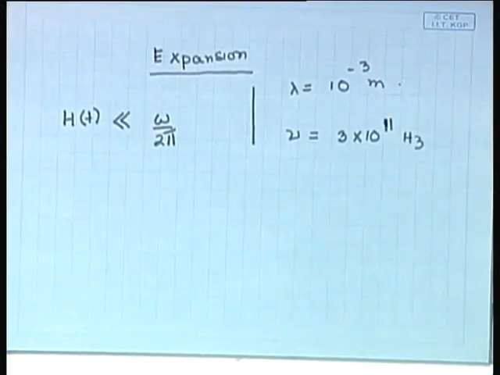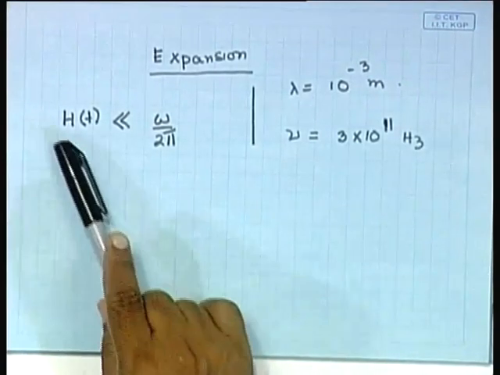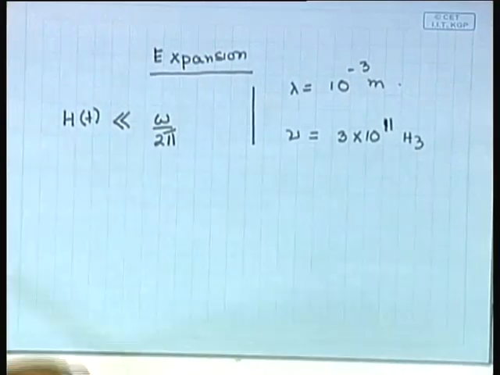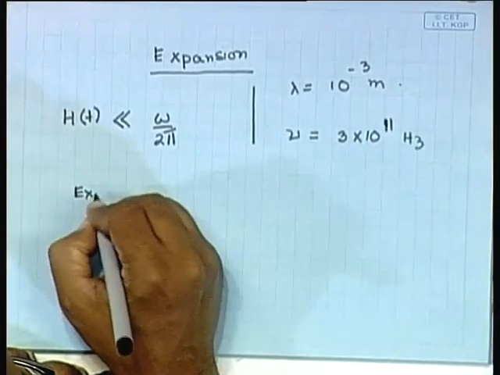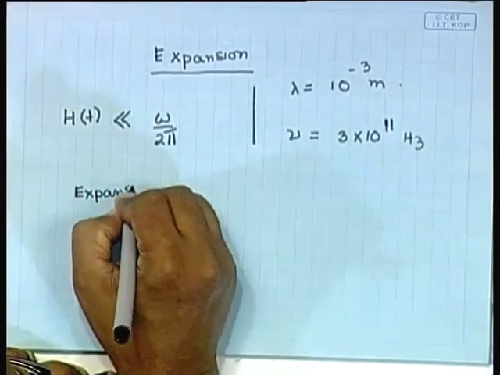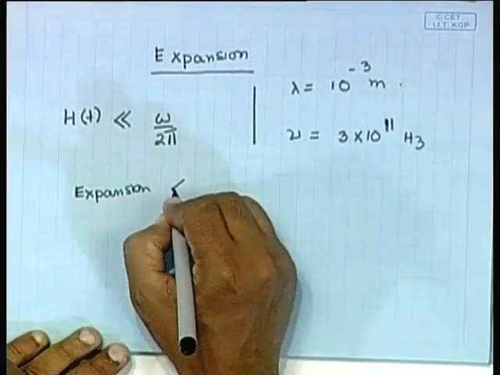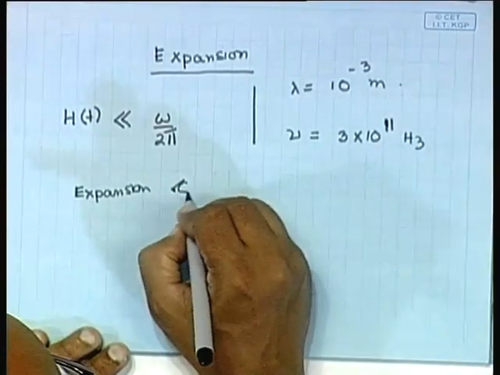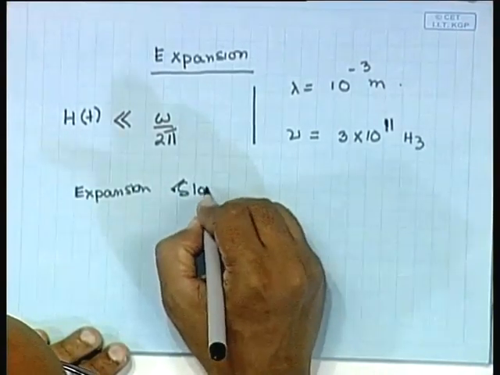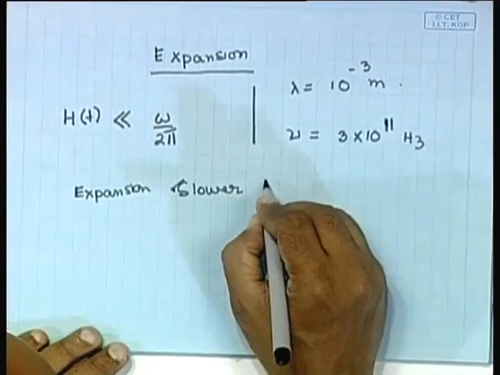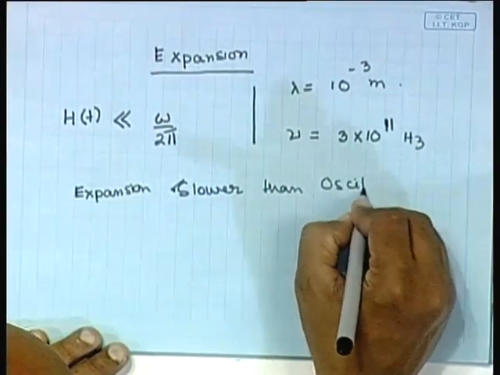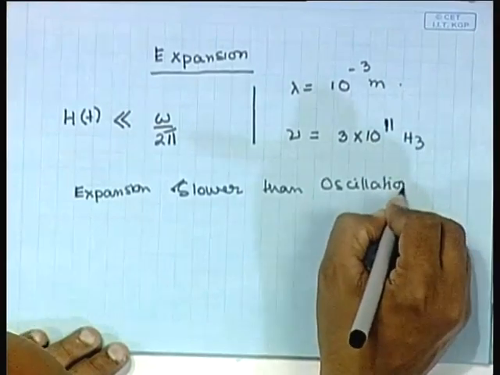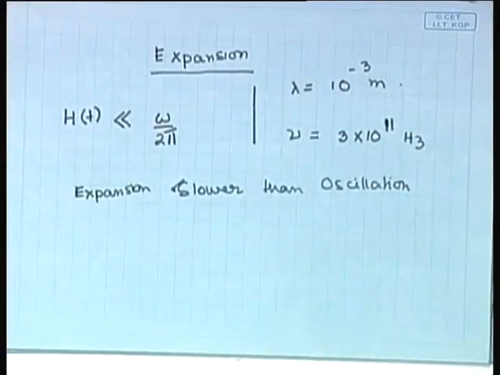Now, if this assumption is correct, we can assume that it is a very slow expansion. So, the expansion is much slower than oscillation, right. The wave has an oscillation of the electromagnetic field and it is much slower, that is the assumption.